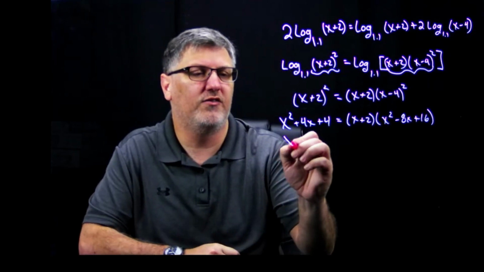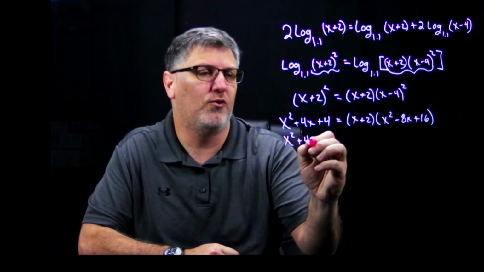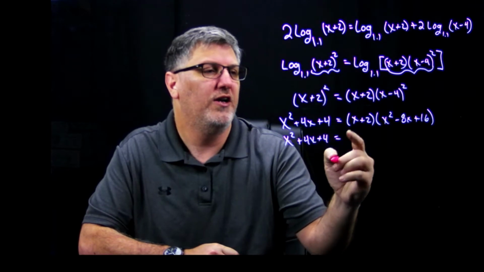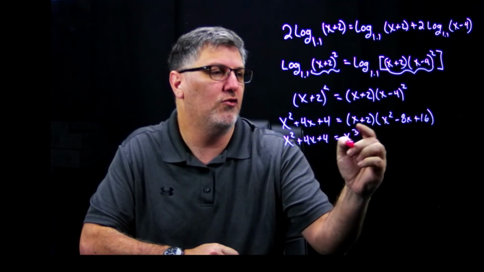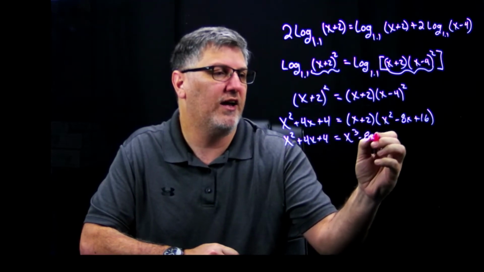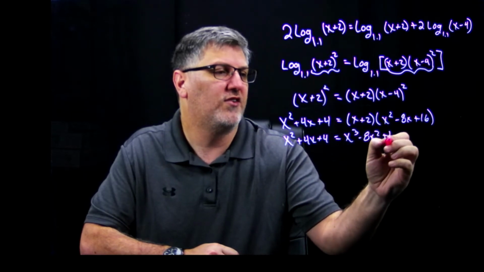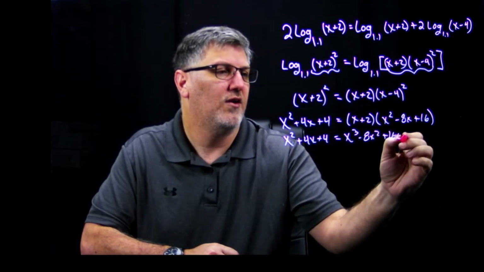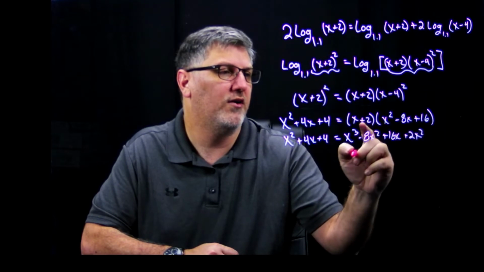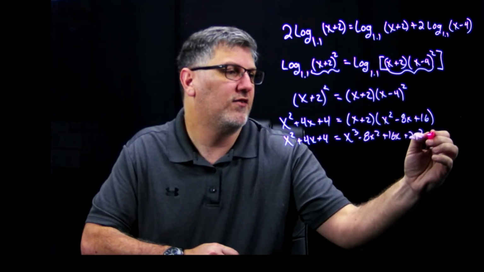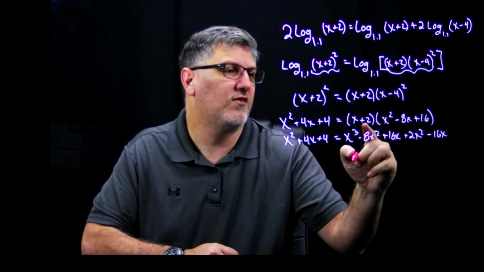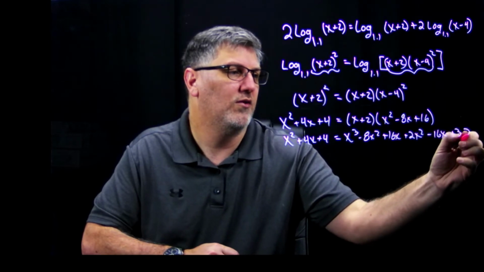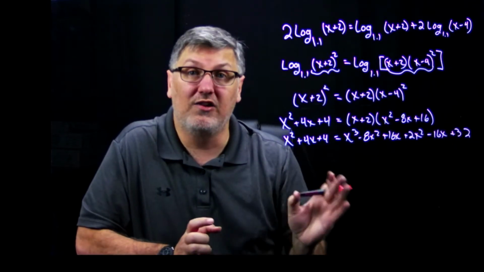So I'm going to get, still on this side, x squared plus 4x plus 4 equals, let's see, this is going to be x cubed minus 8x squared plus 16x plus 2x squared minus 16x plus 32. All right, now we just got to clean this up.